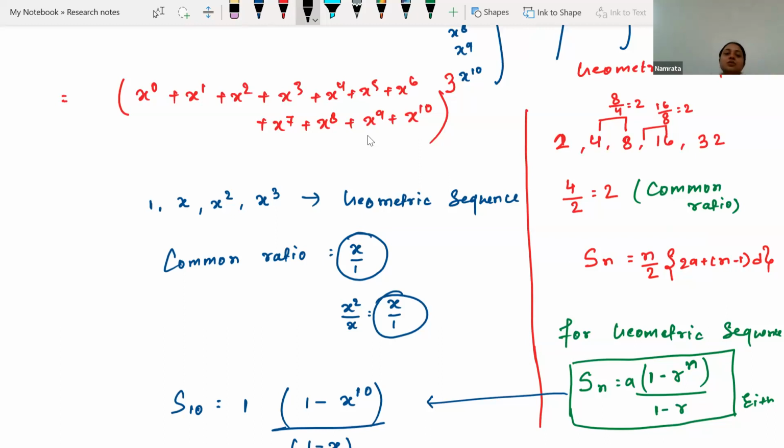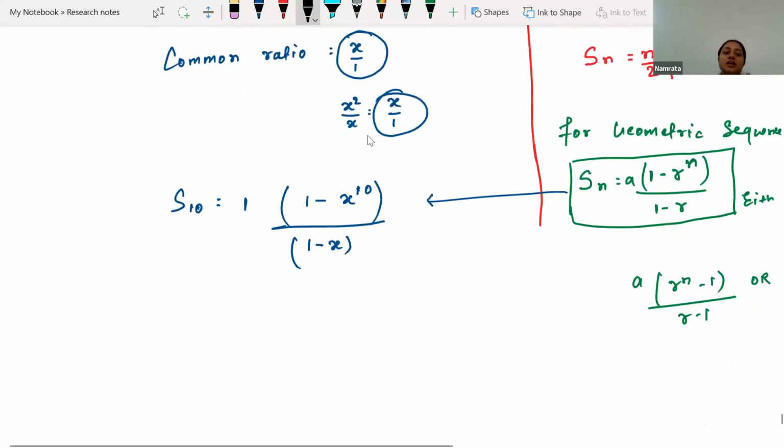If you start counting from 0 till 10, how many total terms are there? 11. So rather than writing 10, we will be writing 11 here because we are finding the sum of 11 terms. And instead of writing this power as 10, we must write the power as 11 because we are finding the sum of 11 terms from 0 till 10.